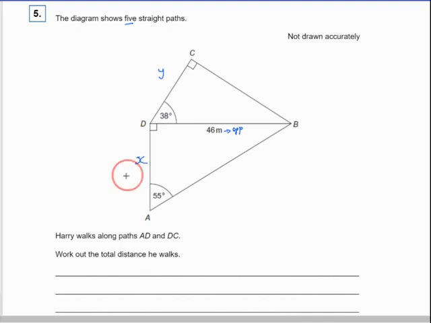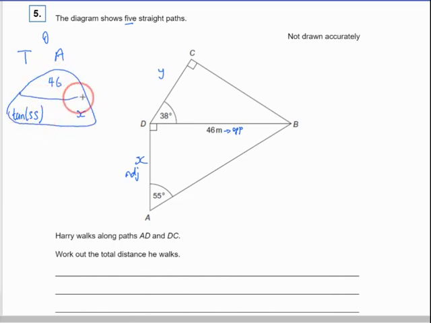This X represents adjacent. So we want opposite and adjacent. That's going to be TOA. T stands for tan of 55, it's always towards the angle, then opposite is 46, and X is the adjacent.